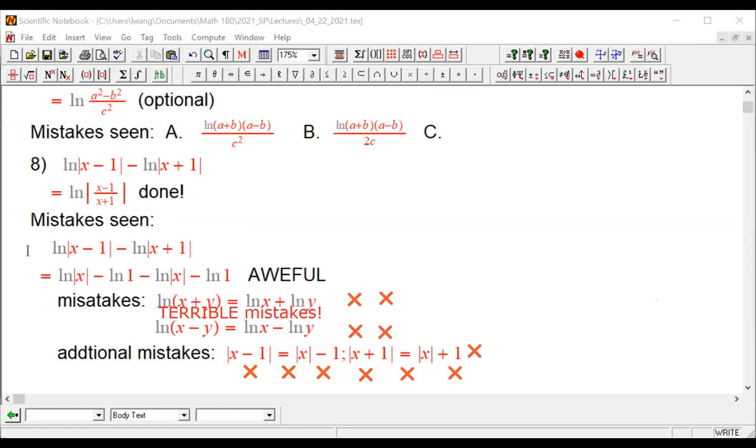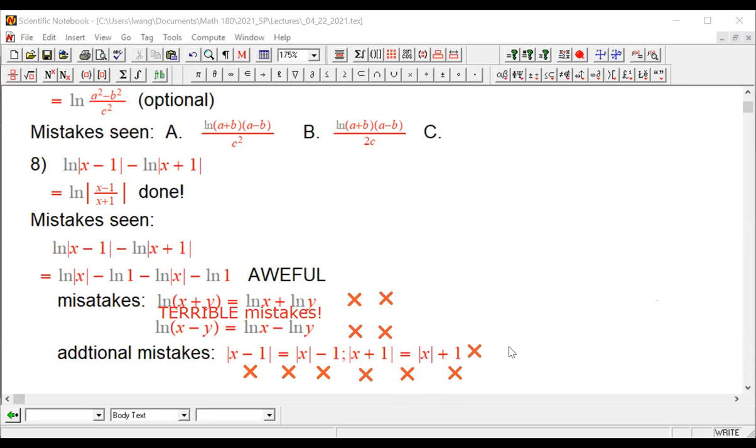These are awful. So I pointed out these mistakes, and I hope you will avoid these mistakes.